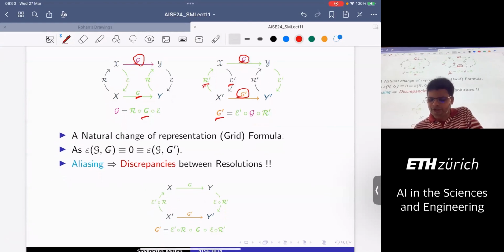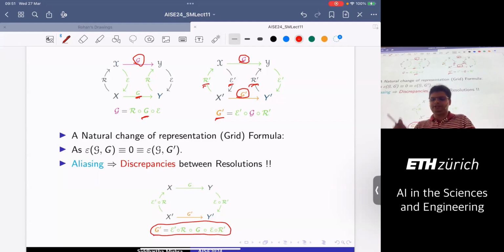You start with G, go back to your function space, then work with the continuous operator, and then go to the discrete again by using this R prime here. So this is the construction.